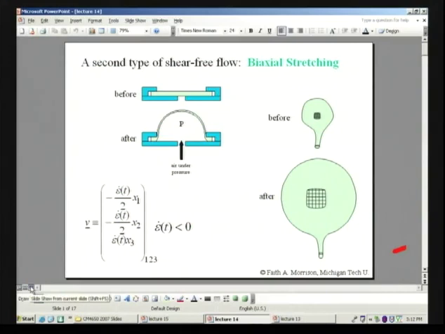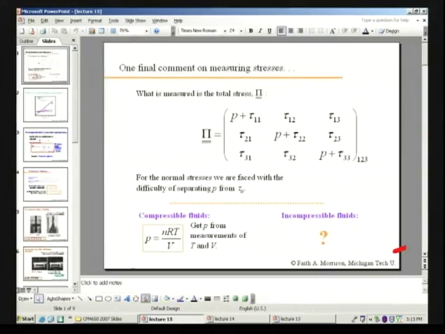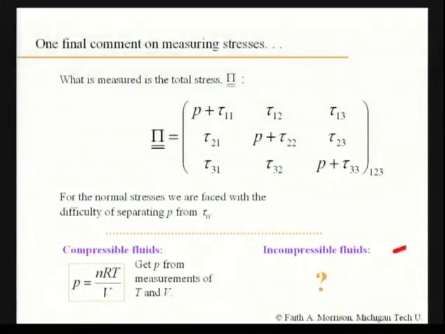Now, towards the end of lecture, I got to a slightly harder concept, which maybe I'll review a little more thoroughly just now, which is the idea of stress differences versus stress components in general. So we're back to the total stress tensor, which is actually the stress tensor we measure.